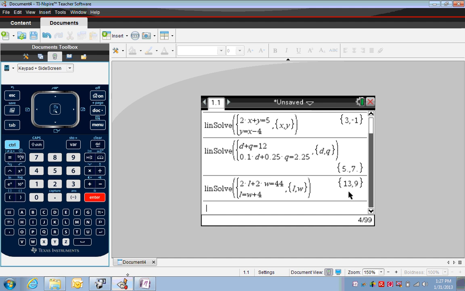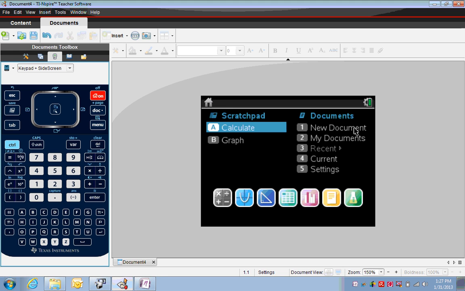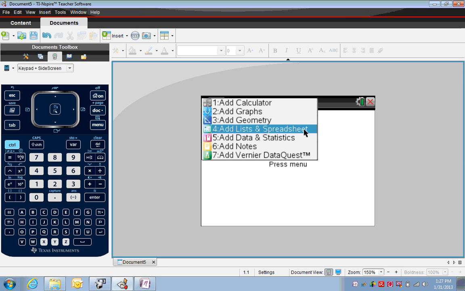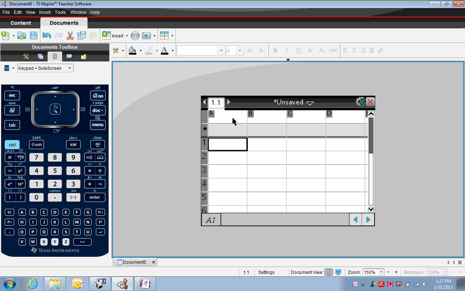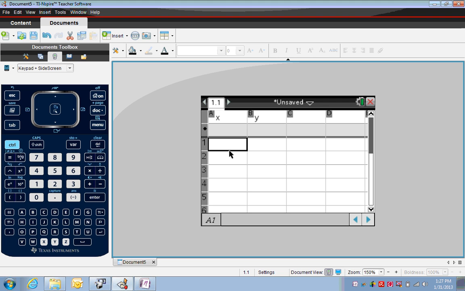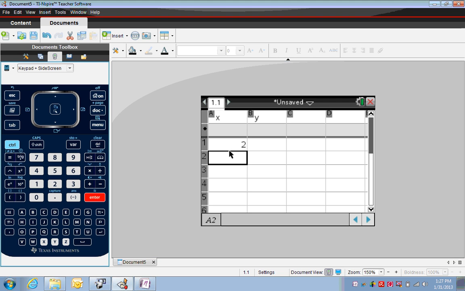Okay, so I go to the calculator, I hit the home screen, I go to New Document, I don't save, and I go to Add Lists and Spreadsheets. Okay, up at the top, my A box should have an X, and my B box should have a Y. When I type this in, I type in my X values, which are 2, 4, 6, and 8.